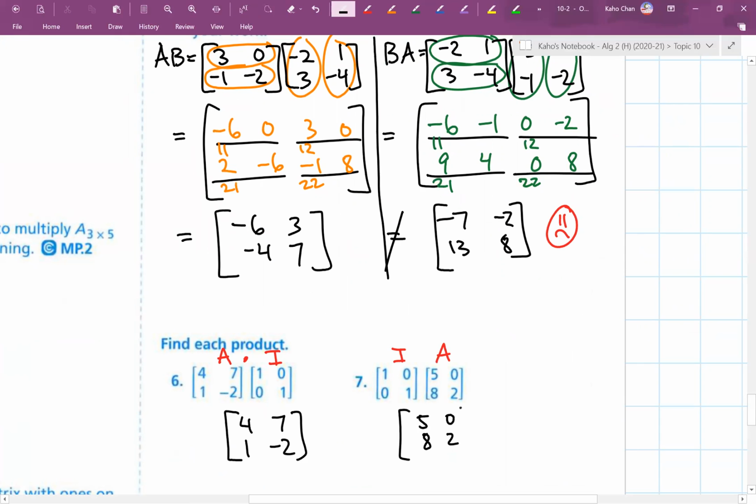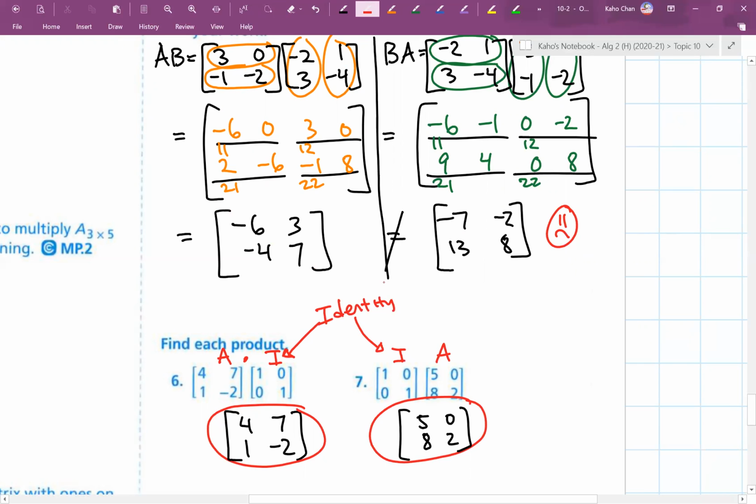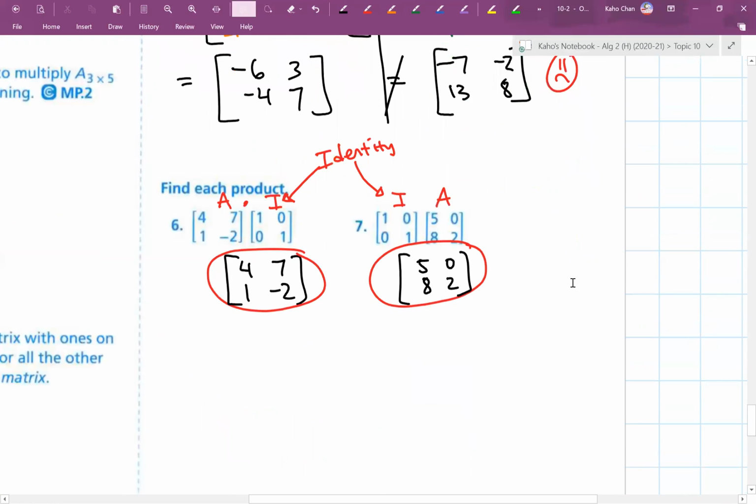We proved it to you twice now already. That's identity. It's a square matrix with ones down the main diagonal, the downhill diagonal.